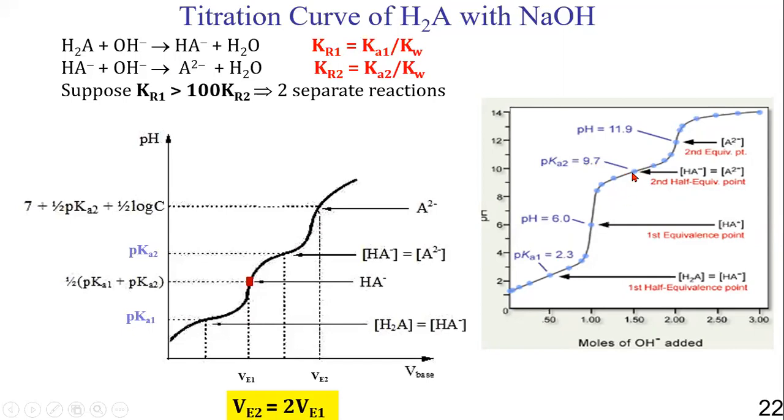So at pH 9, I'm almost in this area here. So I'm in an area where HA is more than A2 minus. Okay? At pH 9, I'm right here. So I'm in an area where HA species predominates.